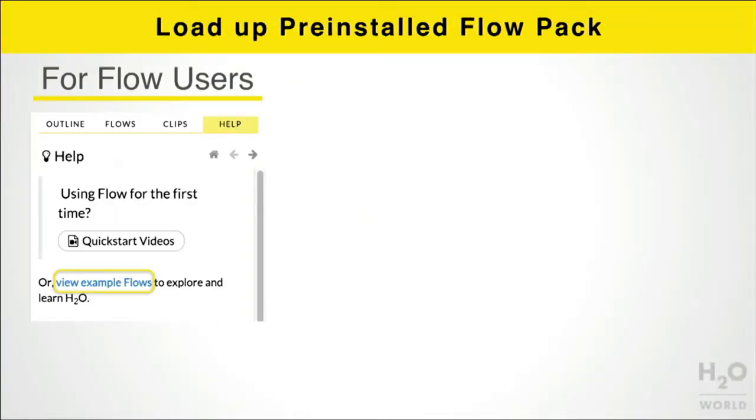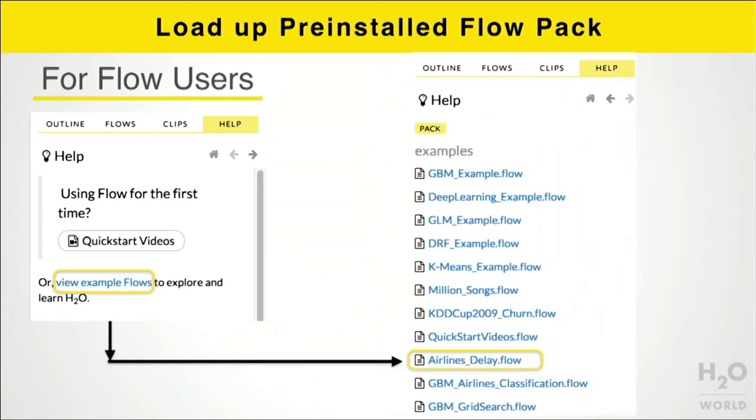And subsequently, for Flow users, we already have a pre-installed pack in Flow. It's on the right-hand corner at localhost:54321. You can view example flows. And we have here already available a list of demonstrations that we've already built into H2O by default.